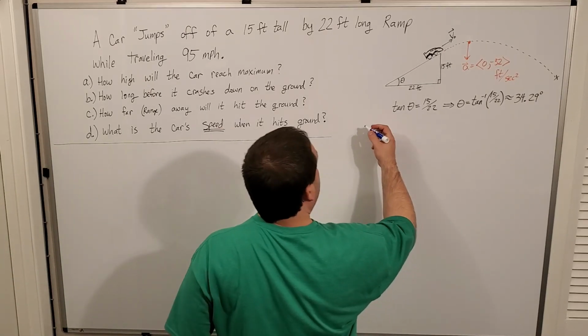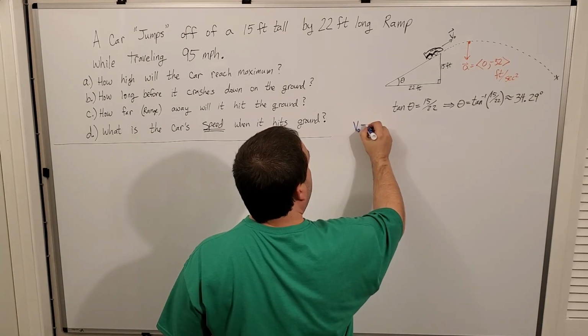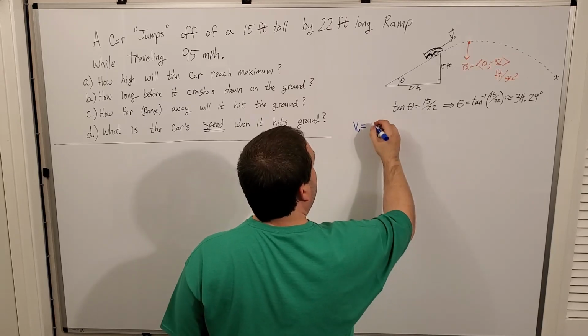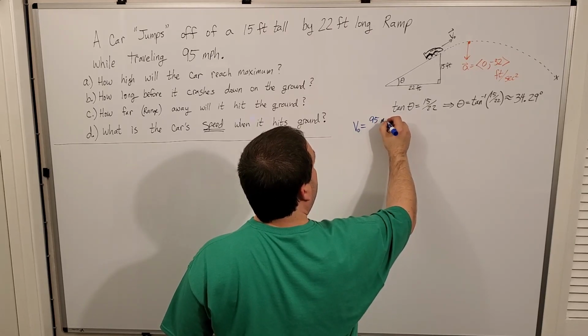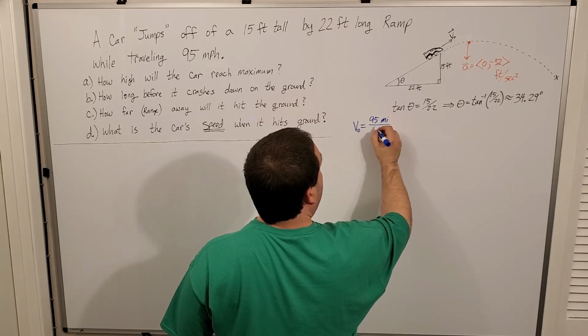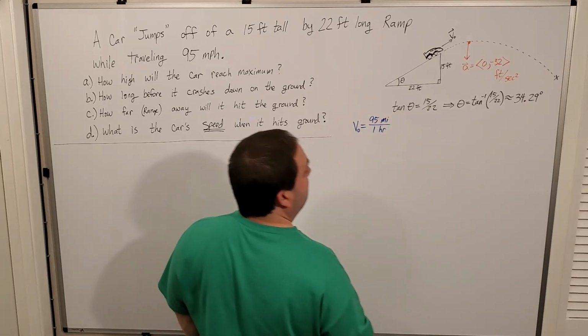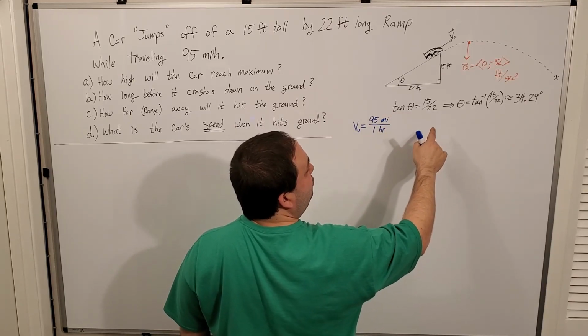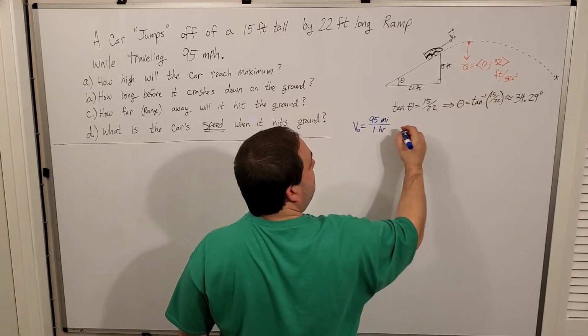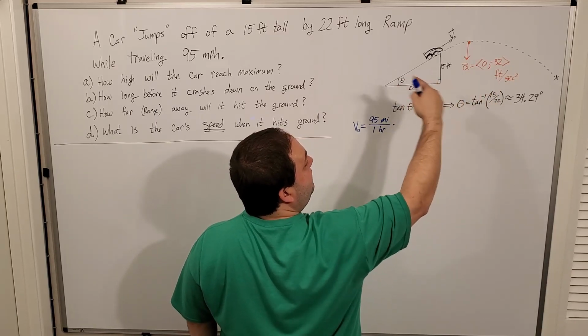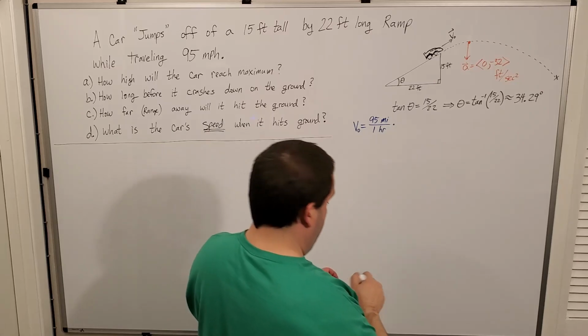I've got v naught equal to 95 miles per 1 hour, and I want to convert this into feet per second, because the acceleration is in feet per second per second.